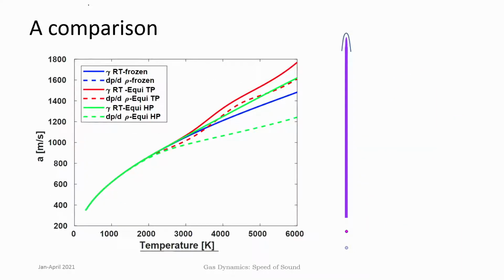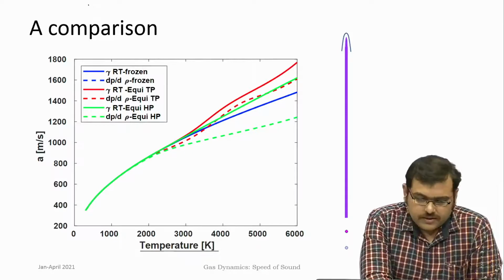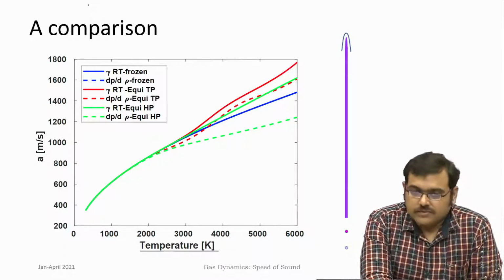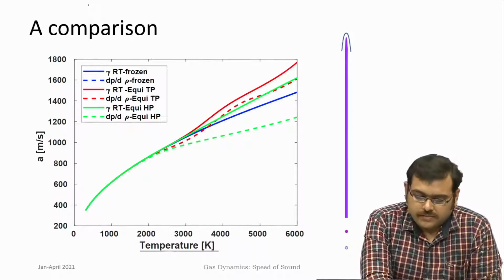So we have done a bit of computation, or a simple analysis, to understand how the speed of sound varies with the temperature and what is a relevant equation to be used. This is in the context of changes of Cp and Cv as temperature increases to higher values.